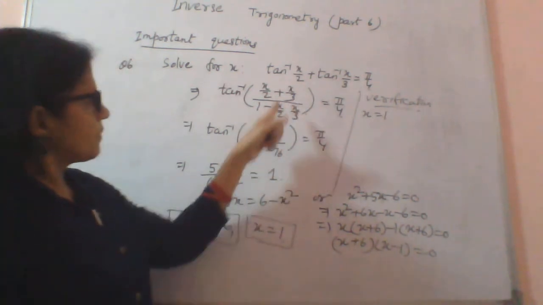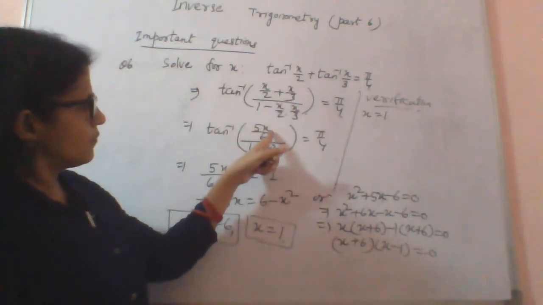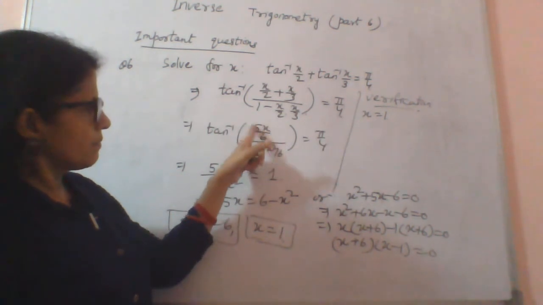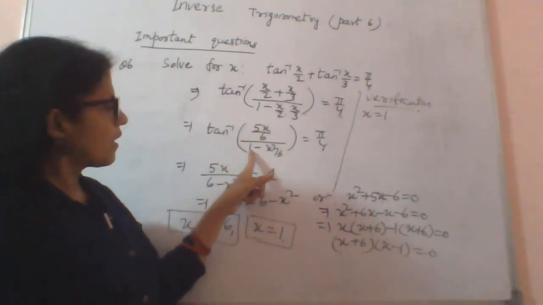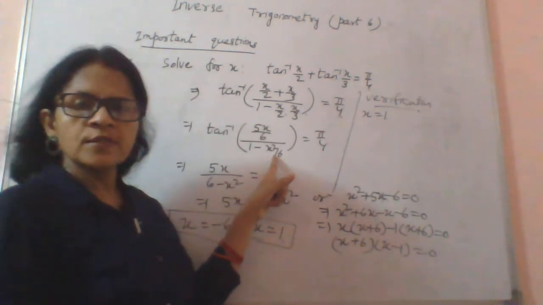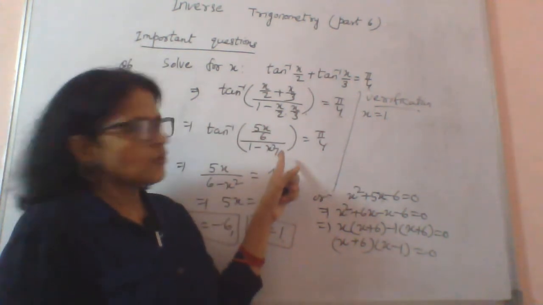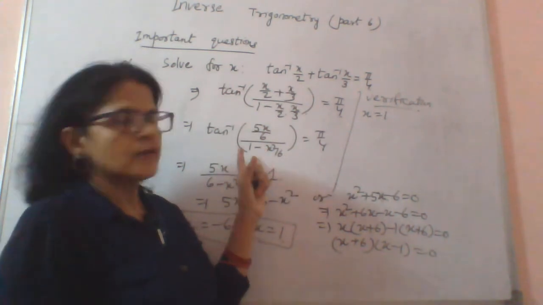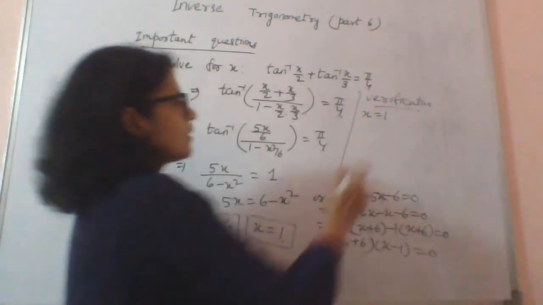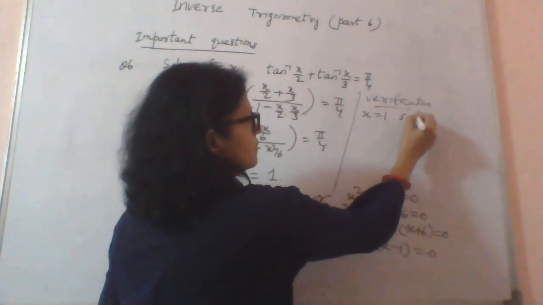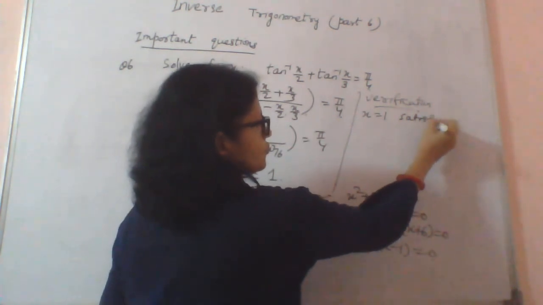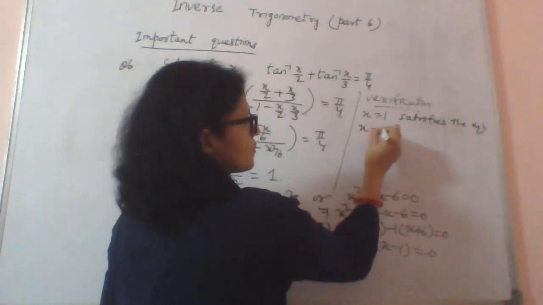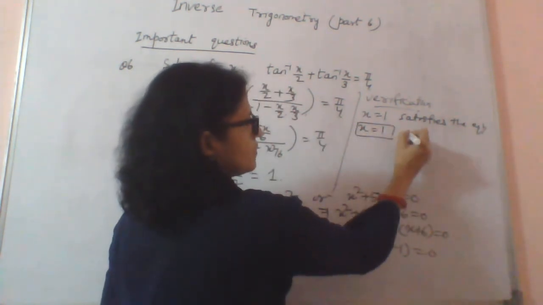So it means 1 by 2 and 1 by 3. Here you get 5 by 6, and here 1 minus 1 by 6 is 5 by 6. So you are getting tan inverse 1. So x equal to 1 satisfies the equation. So x equal to 1 is a solution.